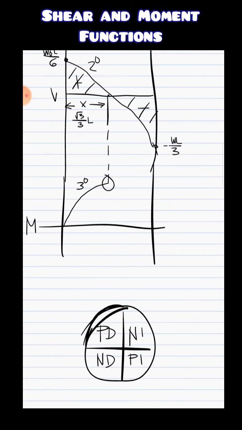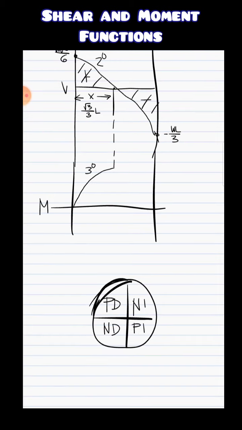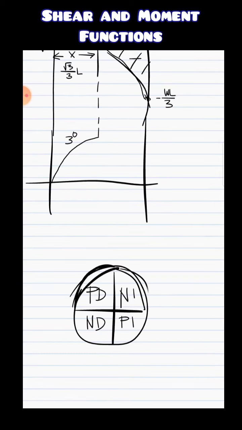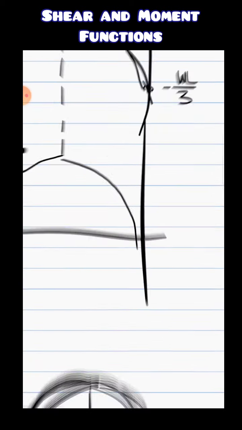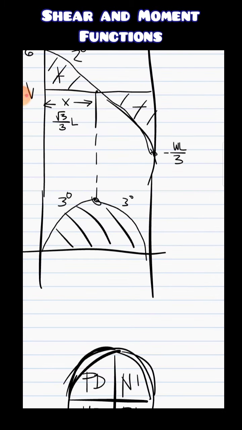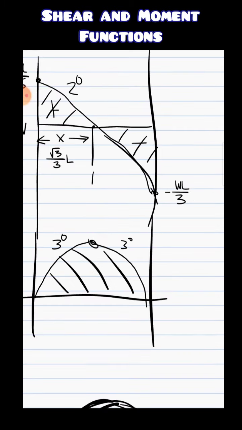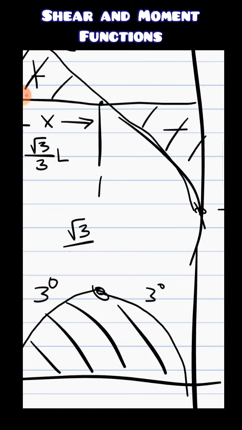This is the maximum, the peak. And then here it is negative and also increasing, from 0 to this value. So negative increasing. It will look like this, third degree, and its value at the top, this one here, the maximum moment for this configuration is square root of 3 over 27 W times L squared.